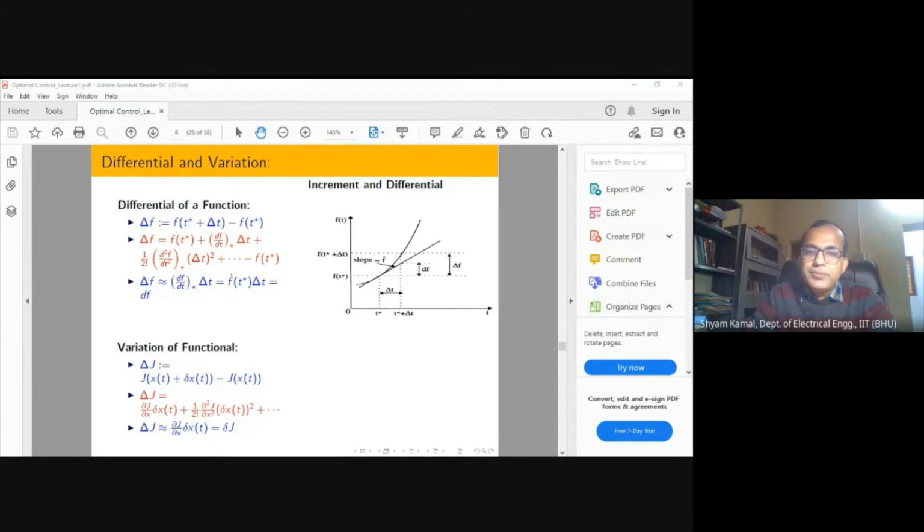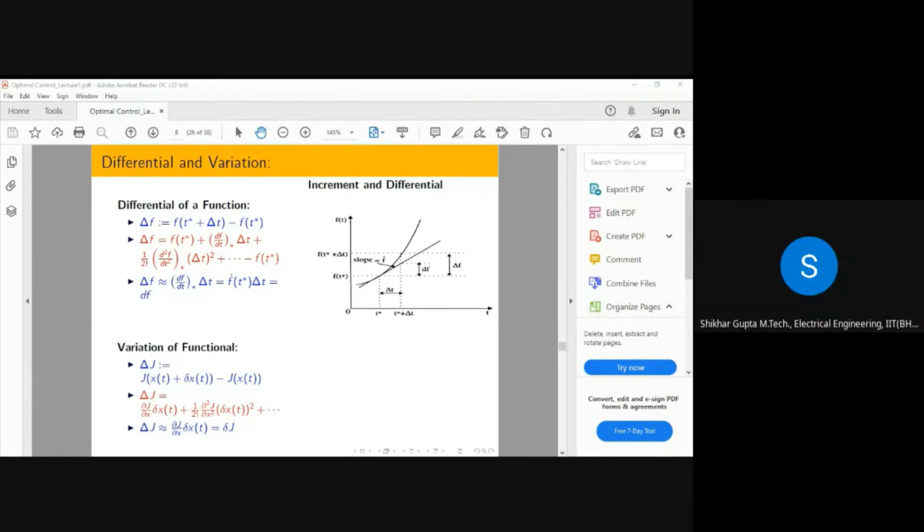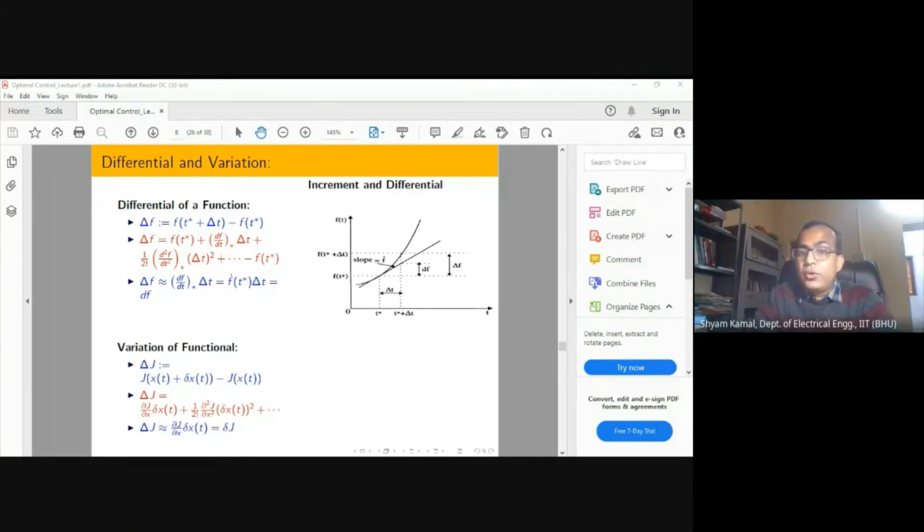Shikhar, what do you think? Non-unique. Yeah, that is non-unique. Whenever I have some system, I have infinitely many ways to design the control action, so that is again non-unique. Non-uniqueness is sometimes good, sometimes not good also.